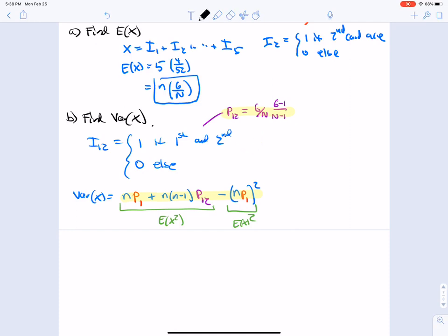So the variance then, and so P1, 2 is right. So it's a multiplication rule. So the chance that the first card's an ace, which is G over N, times the chance that the second card's an ace, given that the first card's an ace, which is (G minus 1) over (N minus 1). And so we have the variance of X as shown here.